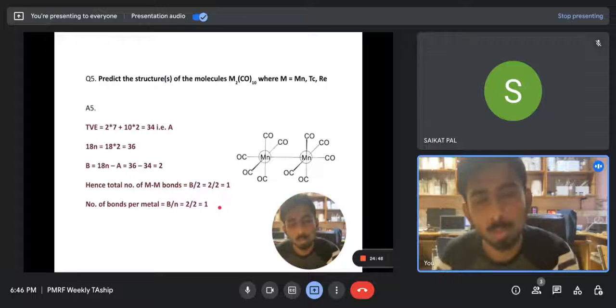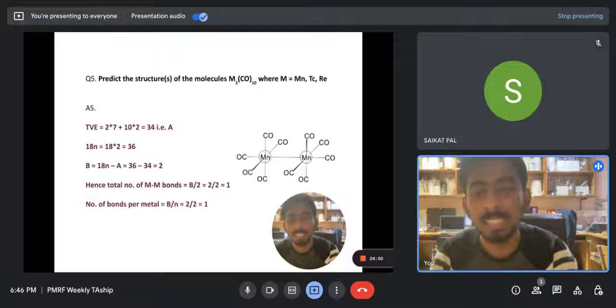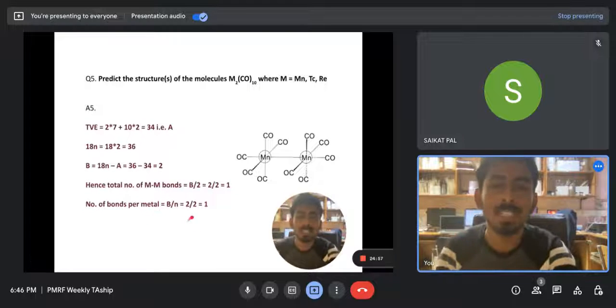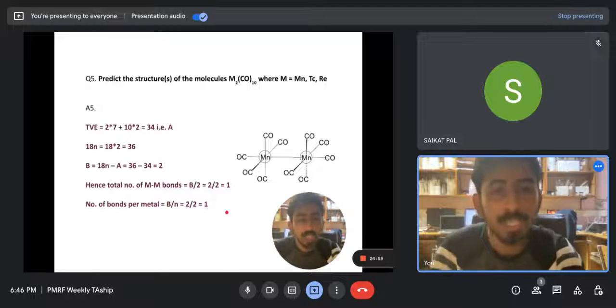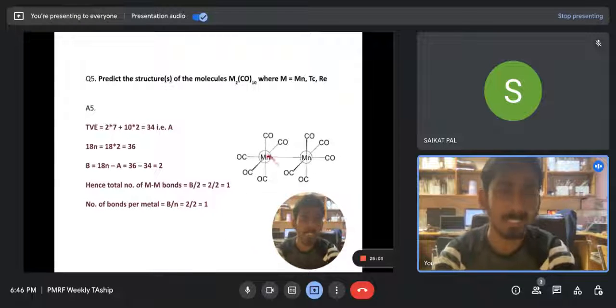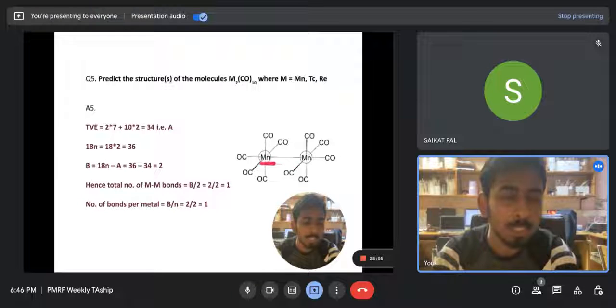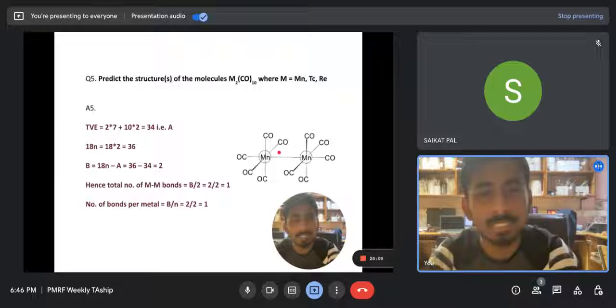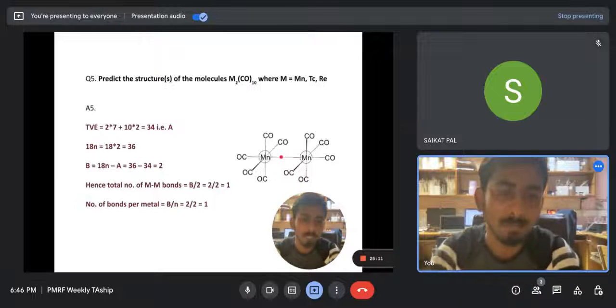So we have to think in the following fashion: the total number of metal metal bonds is 1, and just like the previous case, number of bonds per metal is also 1. So in both the cases, the total number of metal metal bonds is 1, and they are directly bonded to one another, just like the previous example where iron and chromium systems were present.